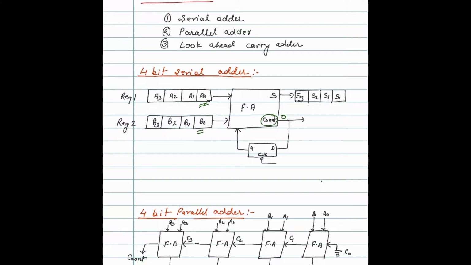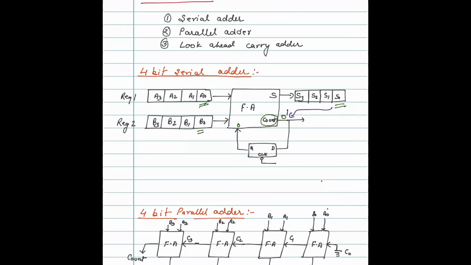So 0 will be transferred here, and the values of A0, B0 and 0 are all XORed and stored in S0. Then the carry produced in the summation of S0 will be produced here.